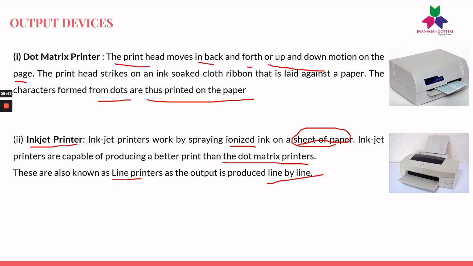The price of inkjet printers is lower than that of another type of printers known as laser printers. However, these inkjet printers are considerably slower, and another drawback is that they require a special type of ink, a spraying and ionized ink.